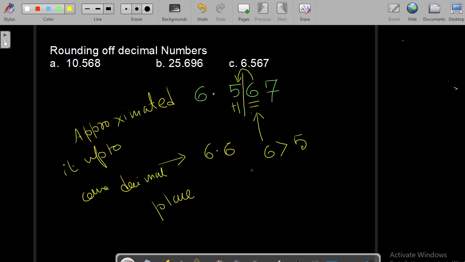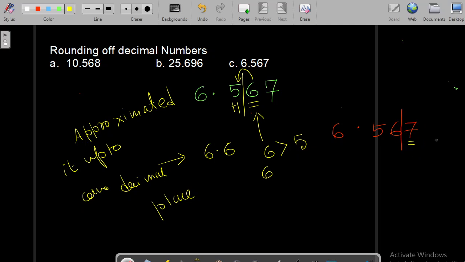Had I had to cut off up to two decimal places, I would have used a different thing. Let me show you that. Suppose the number is again 6.567, and I want to approximate it up to two decimal places. So I cut it after two decimal places, between the 6 and 7. Doing so, I can see the digit immediately after the cutoff line is 7.